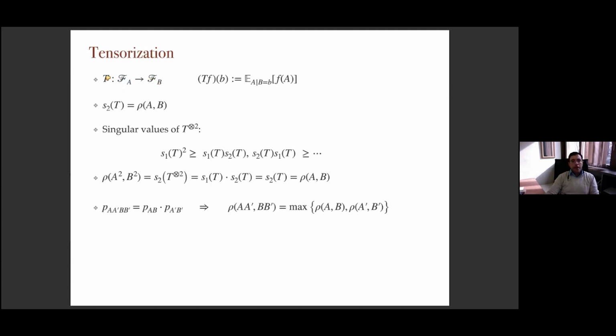So this map T is a matrix of size the size of A times the size of B. Or I should say the other way, the size of B times the size of A. And for the basis, if A is binary, you can think of a function for which f of 0 is 1 and f of 1 is 0.